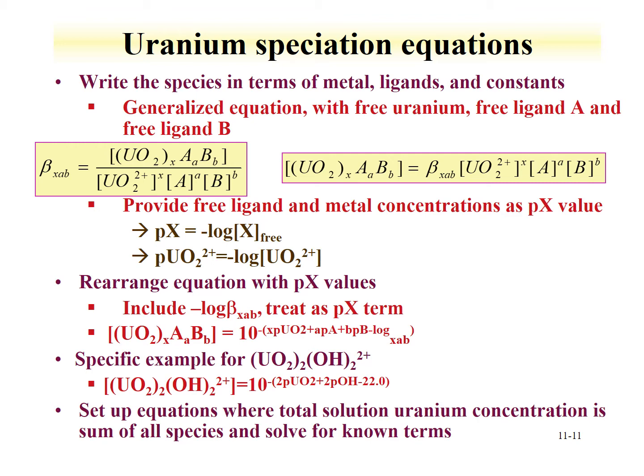This small a is how many ligand A, and the small b is how many ligand B. As an example, for this diuranium dihydroxide species, to calculate it, it's equal to 10 to the minus 2 times the pUO2 plus twice the pOH minus 22. That comes from the log of the complexation constant being equal to 22. So I can set up all these equations and solve.